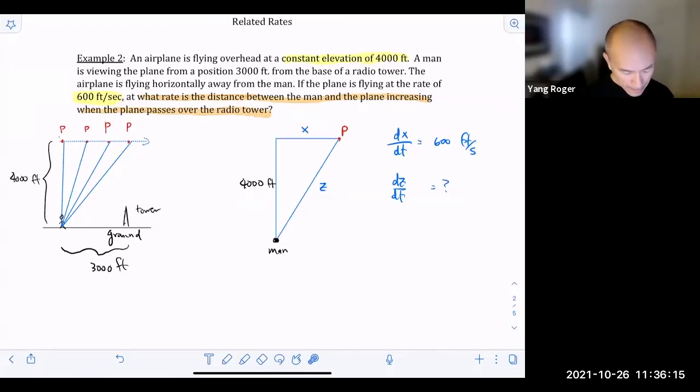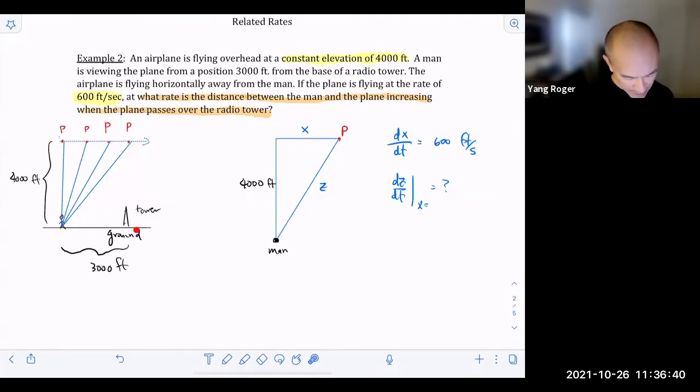So maybe I should ask this: what should the value of x be when the plane is flying directly over the tower? Does anyone know what that x value should be? Because I claim they give that to you. It is 3,000.